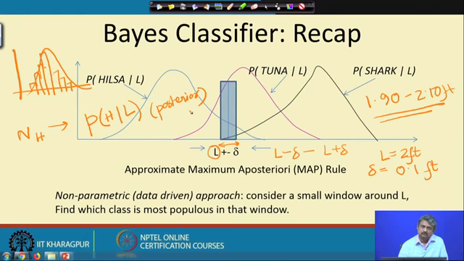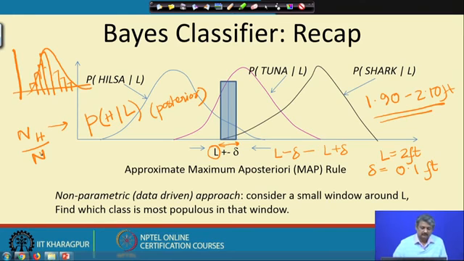Think on this a little bit. I count how many fish are in the interval. Of course, I made a small mistake: it is not this count, but the count divided by the total number of fish that I am considering.